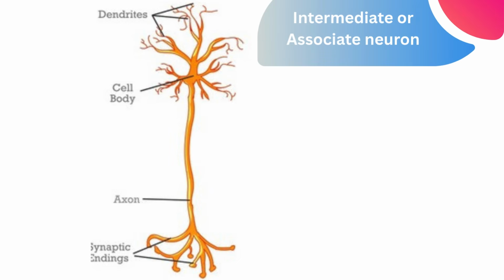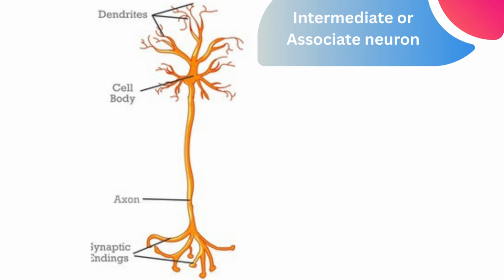The intermediate neuron, also known as interneuron or associate neuron, are specialized nerve cells found exclusively in the central nervous system within the brain and the spinal cord. They act as a connecting link between sensory neurons, which transmit signals from the body's senses, and the motor neurons, which send signals to the muscles and glands.